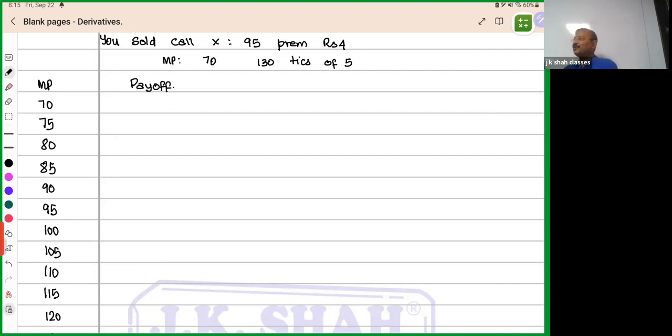Because remember, in real life, we don't do it in ticks of 5 rupees. We do it in 50 paise. 70.5, 71, 71.5.